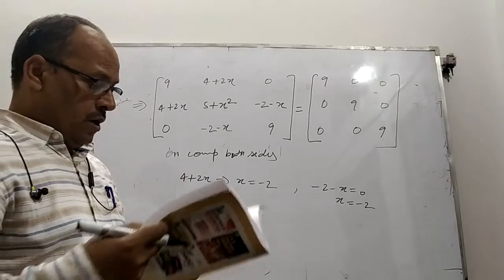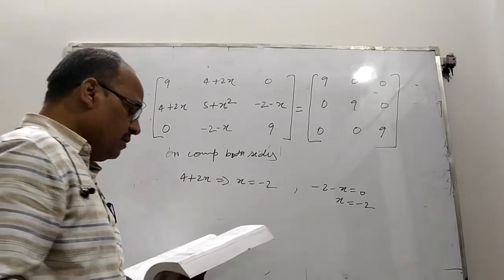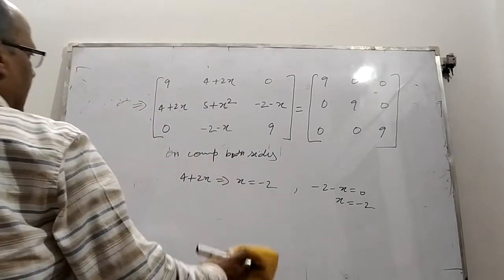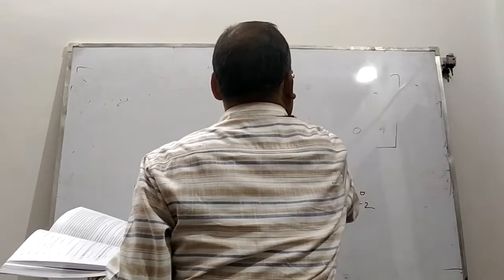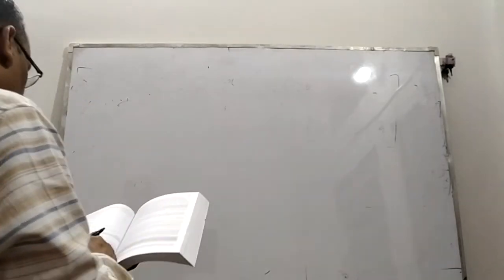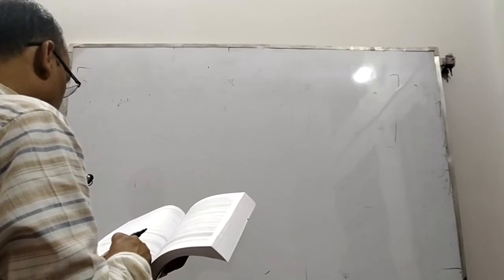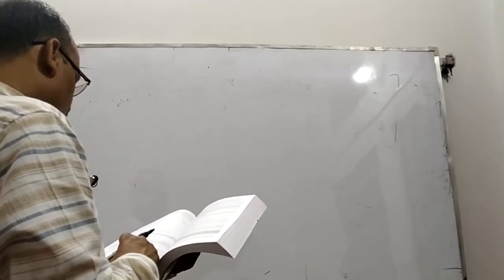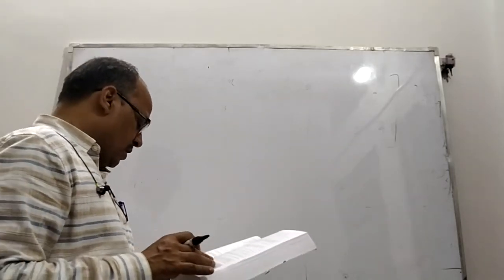So now you will see how you can decompose a matrix into a symmetric and a skew-symmetric matrix. Here questions are given, question number 27 and question number 28. Question number 27 is second order, question number 28 is third order.